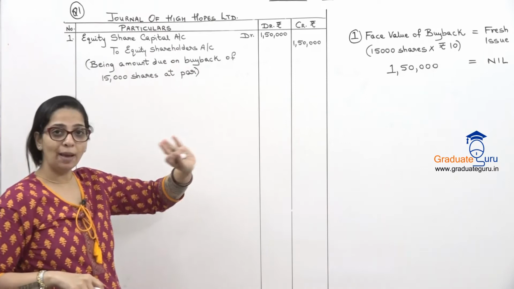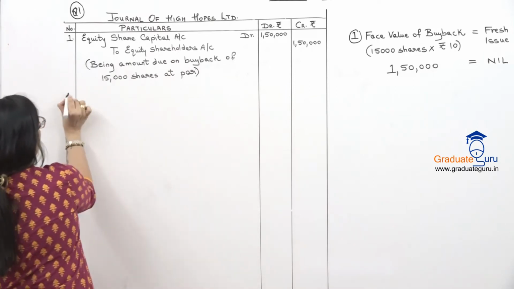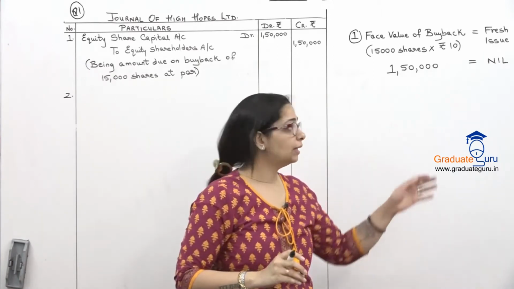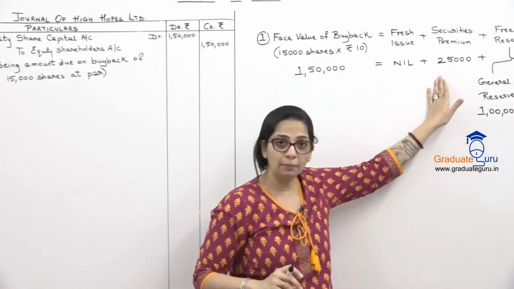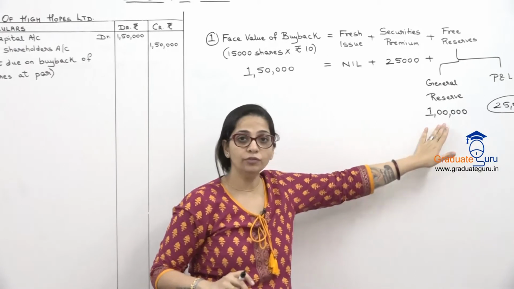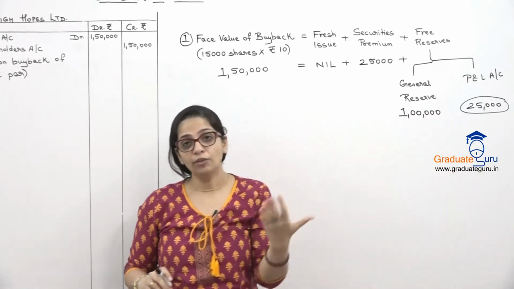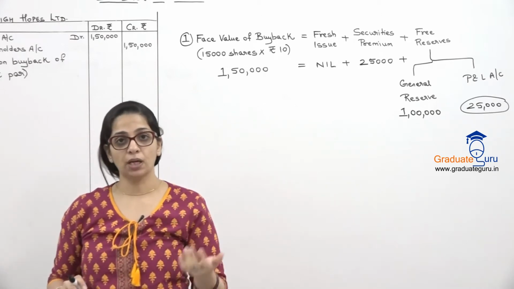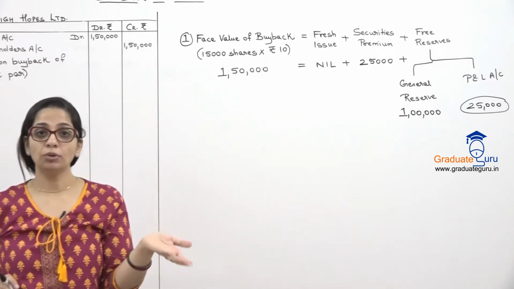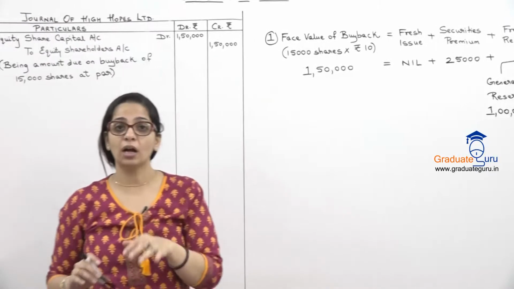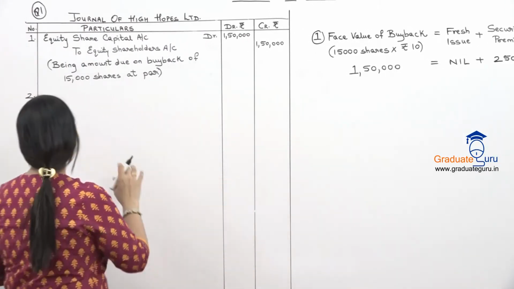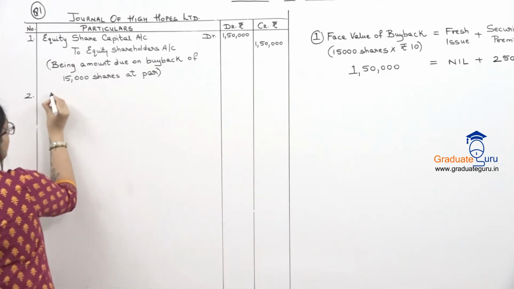So ये हमारा buyback हमने enter कर दिया. अब हमने buyback के लिए क्या use किया? Security premium, general reserve and P&L. Whenever we use reserves for buyback, as per the condition, as per Companies Act, वो पूरा amount हम transfer करते हैं दूसरे account में, which is capital redemption reserve. So वो entry आ जाएगी. What am I using?